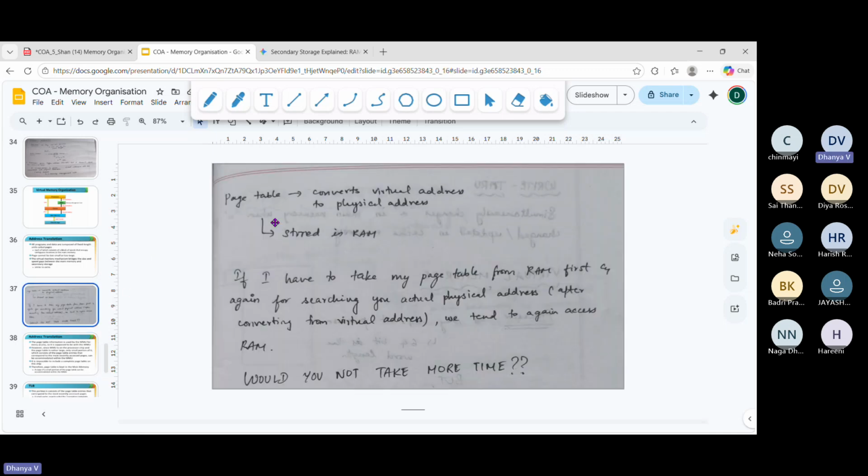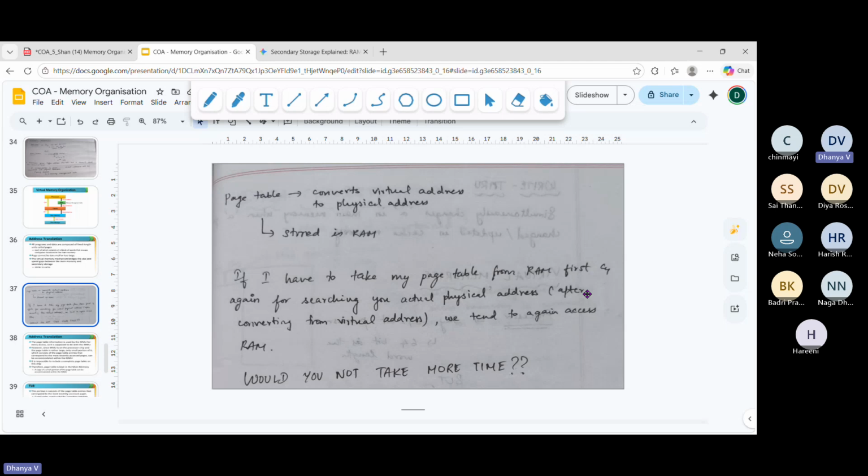So we know that our page table is stored in RAM because it is large enough to not fit into your MMU, which is in your processor chip, and then it converts virtual address to physical address. So I have to take my page table from my RAM first, and then again for searching the actual physical address, what do we usually do?